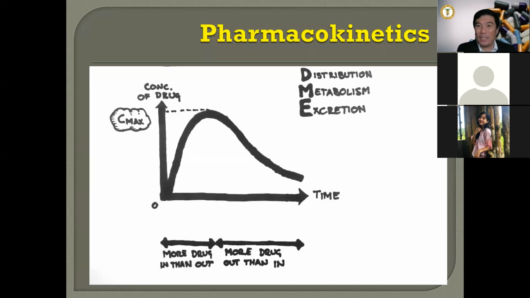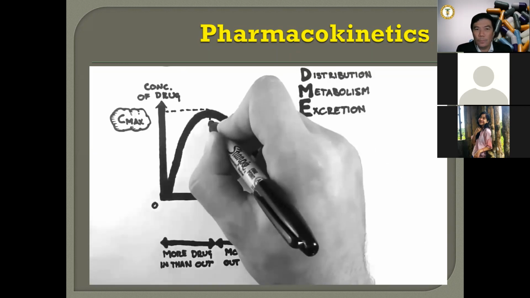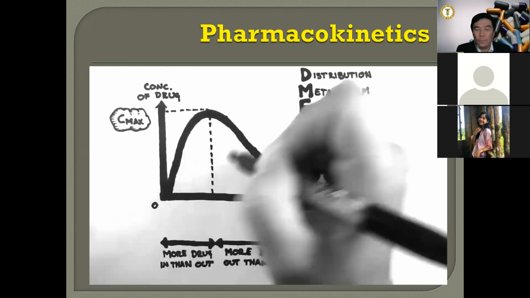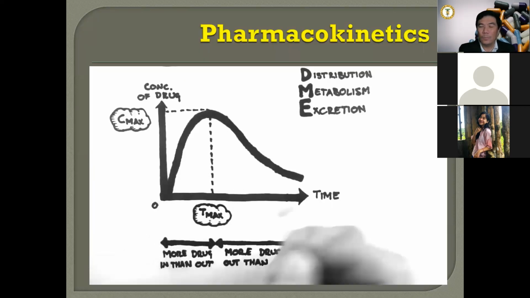As I have mentioned and reiterated, this is the time that the drug reaches the plasma. This is important because knowing the maximum concentration can help predict the therapeutic benefit and also the likelihood of side effects.